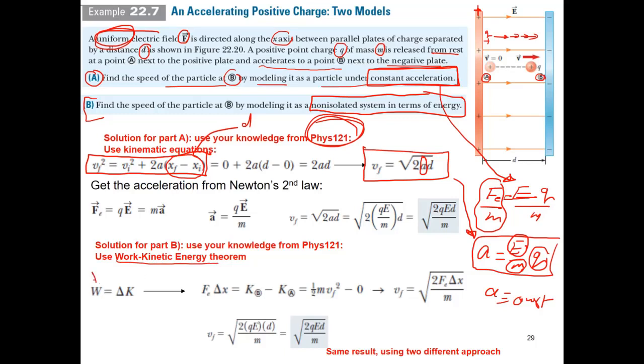We say the total work acting on the mass is equal to the change of kinetic energy. So what's the force that does work on the charge? It's the electric force, so it's equal to Fe delta X, equals final kinetic energy minus initial kinetic energy. Right? So what's that force? Well, that force simply is equal to QE.